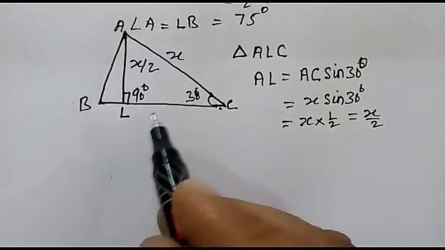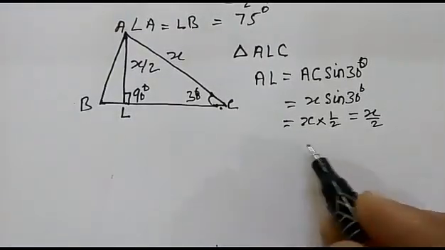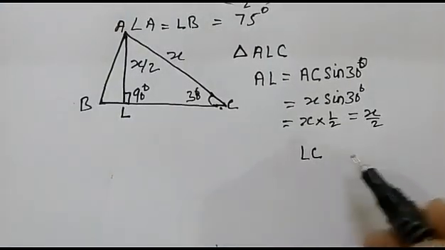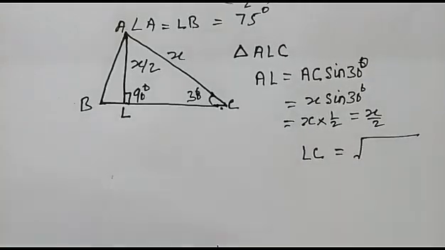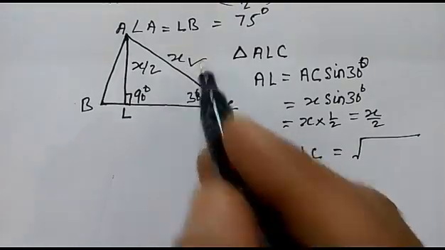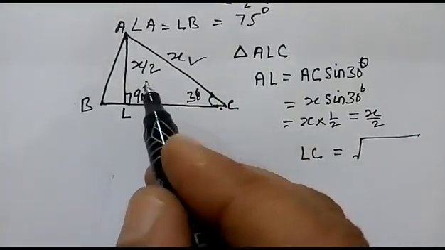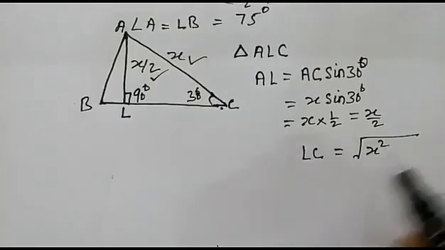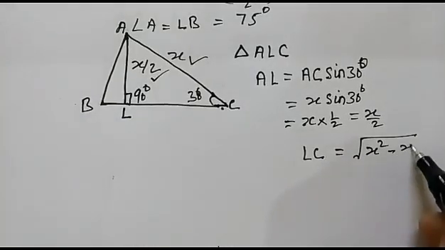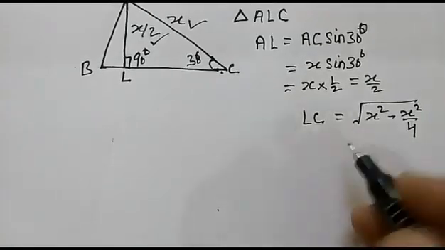Now we will find LC. So LC is equal to square root of x square minus this square, x square minus x square by 4, right?